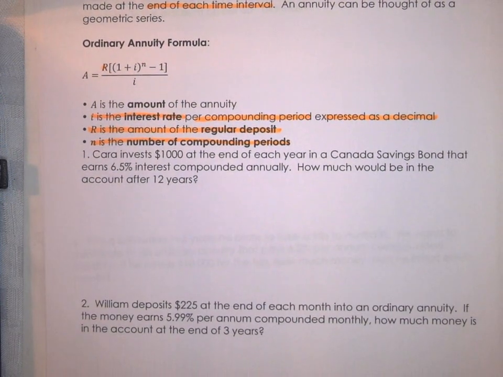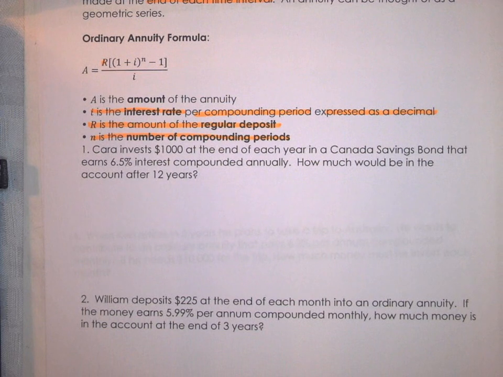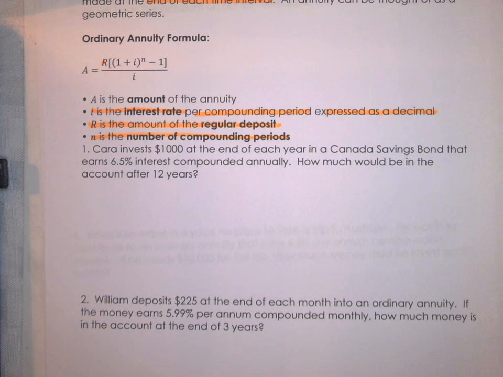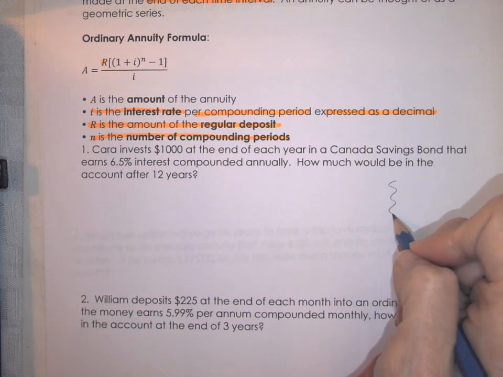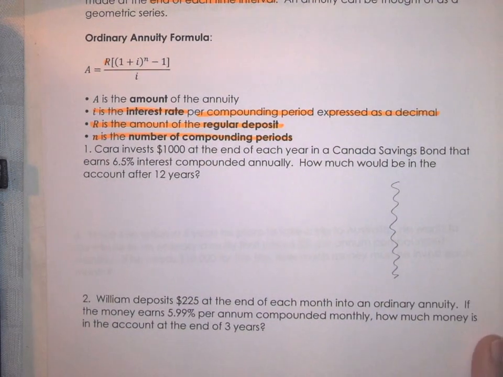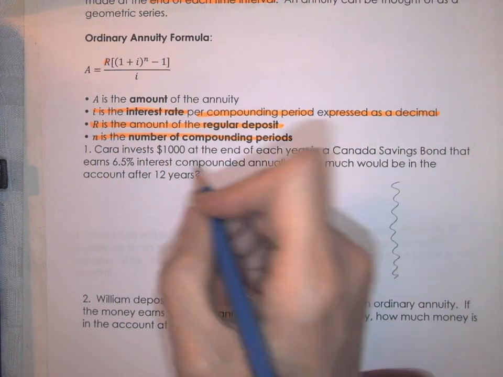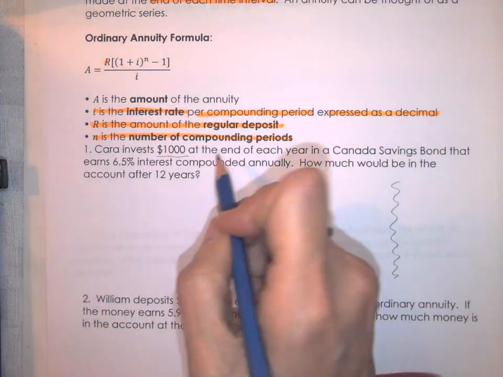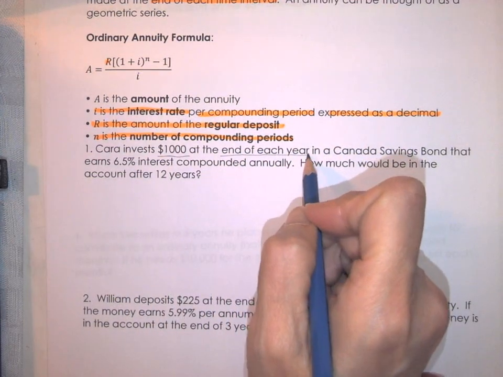So here's our first example. Kara invests $1,000 at the end of each year in a Canada savings bond that earns 6.5% interest compounded annually. How much would be in the account after 12 years? Similar to compound interest, we're going to look and see what things in this formula we know from the question. You should see that we're depositing $1,000 at the end of each year, so more than once.